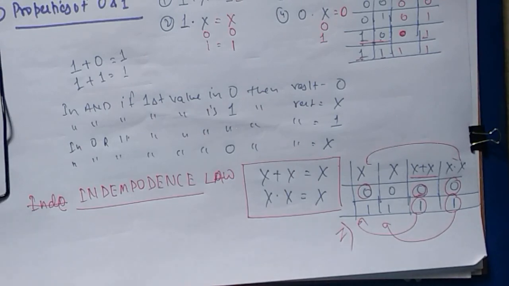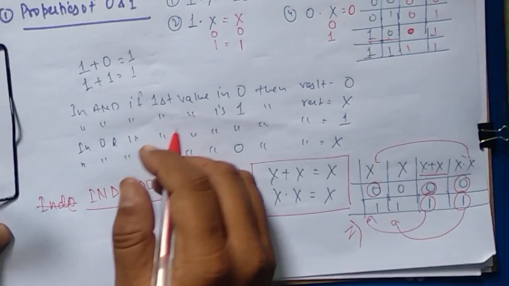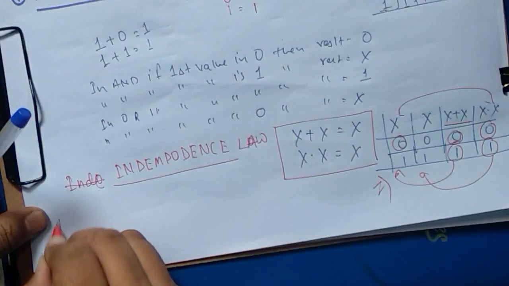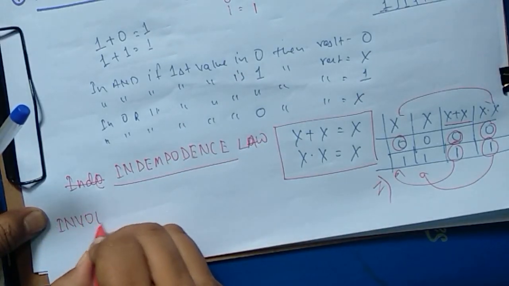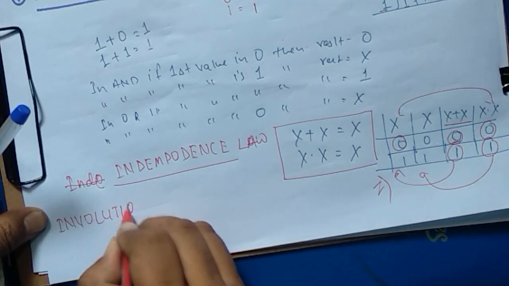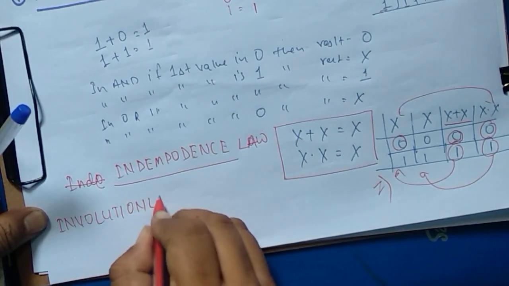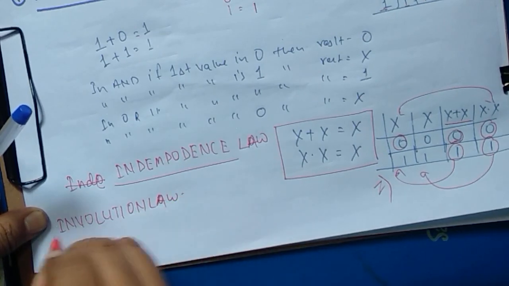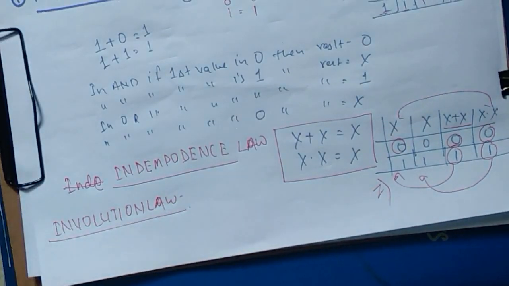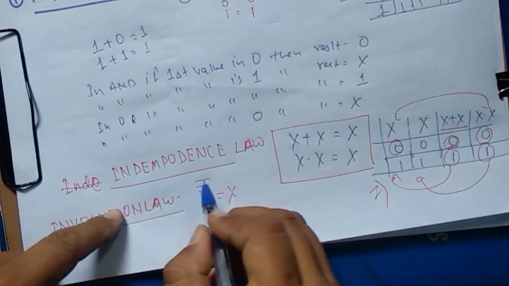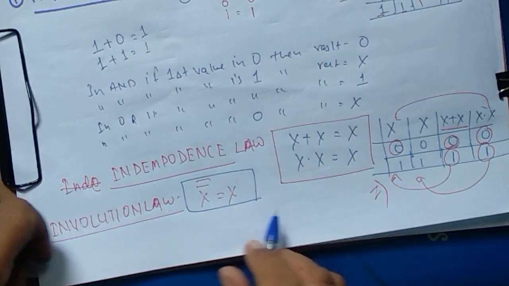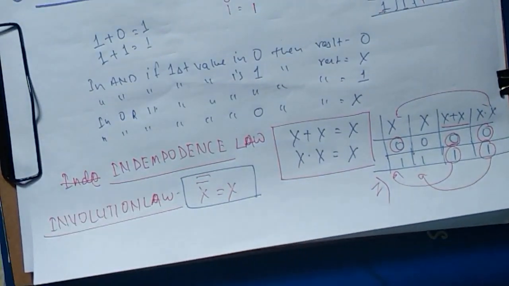Now the next law is the involution law. What is this law? This law is simply x double bar equals x.